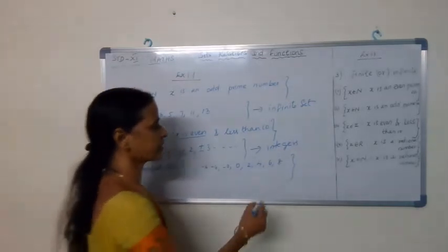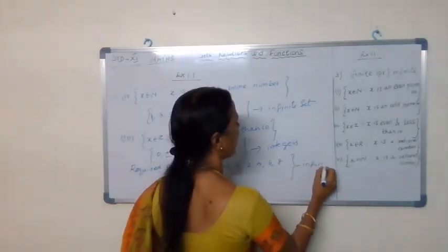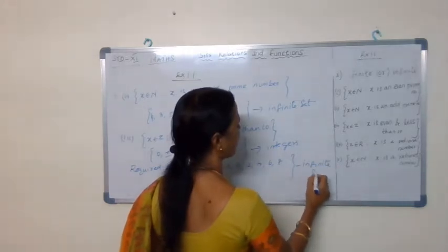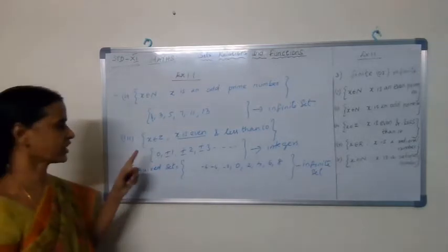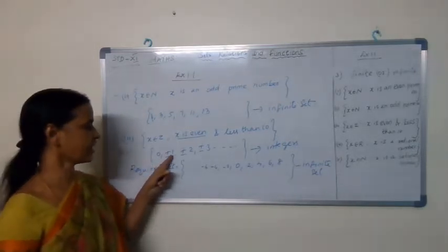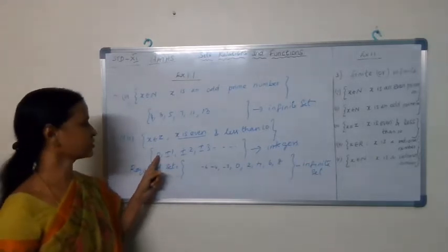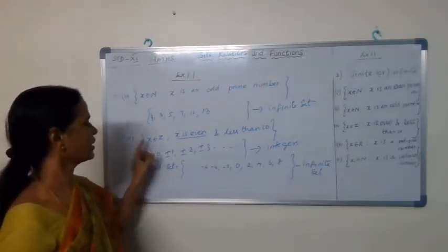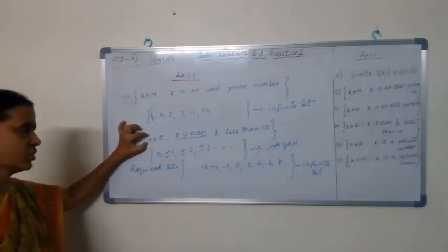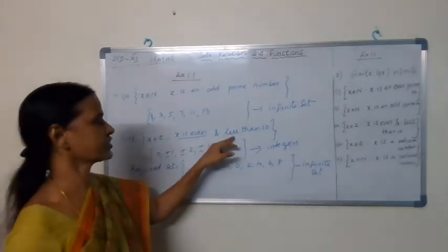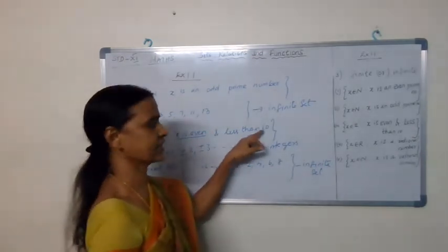Therefore, is it a finite set or an infinite set? It is called an infinite set because you have uncountable values. So first you must know what integers are: positive values, negative values, and 0. But in the given set, you consider all integers with two more conditions: the number must be even and less than 10.